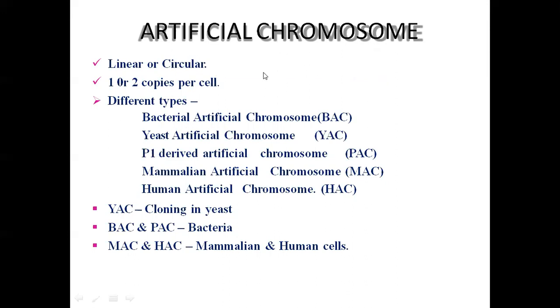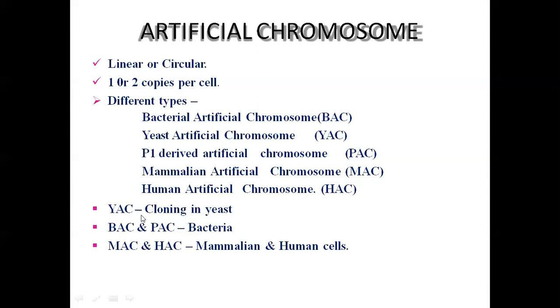There are different types of artificial chromosome: the bacterial artificial chromosome, called BAC; the yeast artificial chromosome, YAC; the P1-derived artificial chromosome, PAC; the mammalian artificial chromosome, MAC; and even the human artificial chromosome, HAC. Interestingly, the human artificial chromosome can also be used in cloning for gene work.